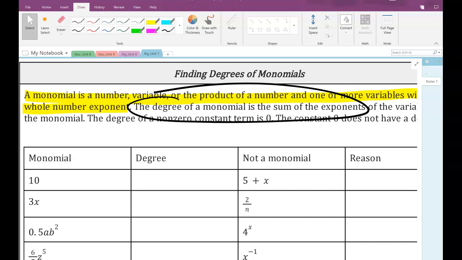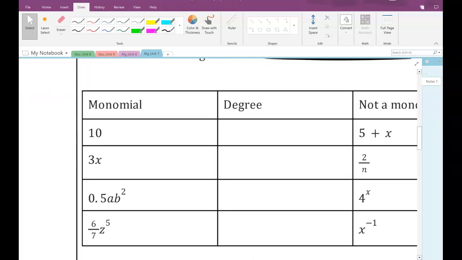So in this chart, we can fill in. We'll start by checking these monomials and telling them what degree they are. So 10 is a constant. 10 is 10. 10 never changes. So 10 has degree 0.